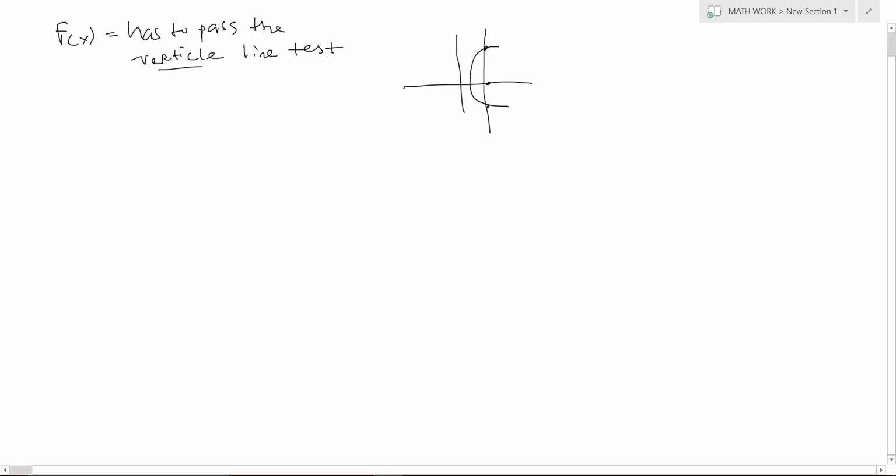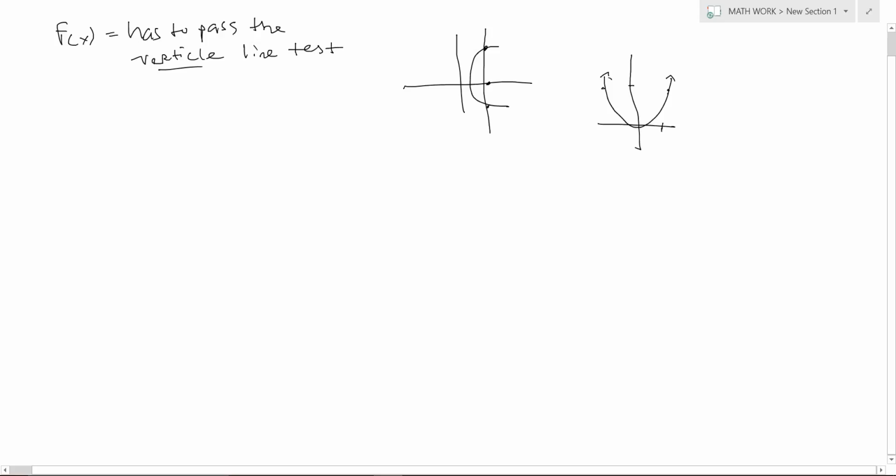So a function like x squared, right? This is y squared. So x squared is a function because for every x value we have only one output of y, right? But we can have two x values per one output of y, for one y.